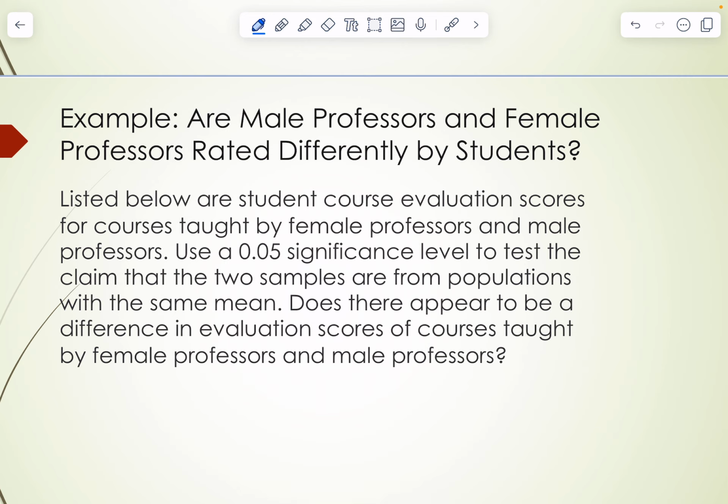All right, let's take an example. Listed below, or on the spreadsheet that we downloaded, are student course evaluation scores for courses taught by female professors and male professors.